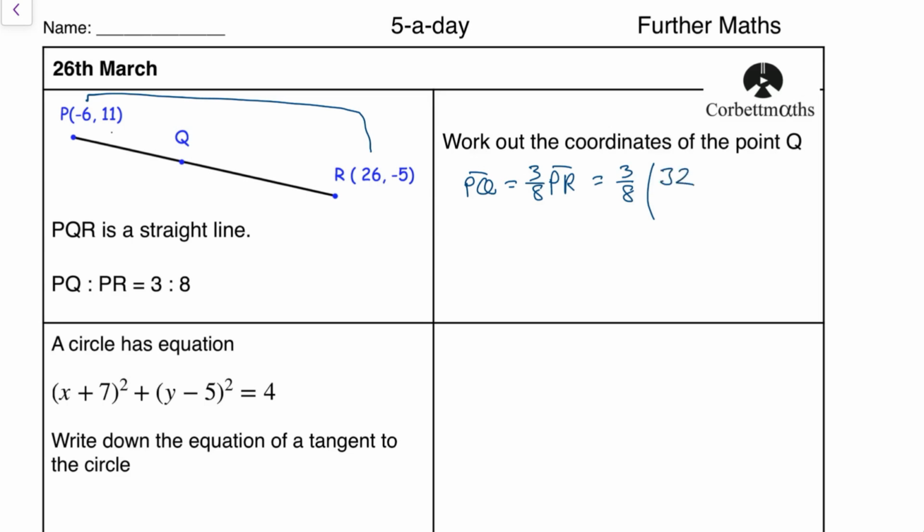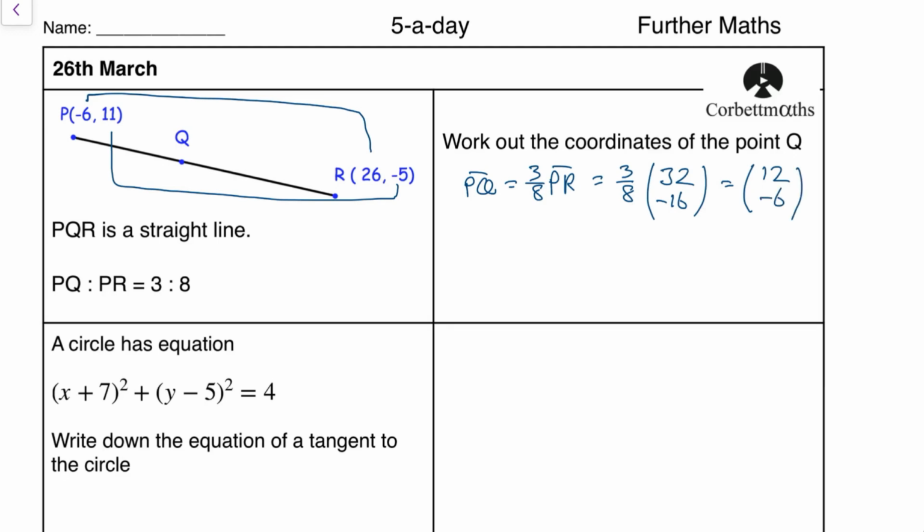And to get from the y value 11 to -5, well, that's going to be -16. Now, I do notice both these numbers divide by 8, so I feel a little bit better that I've got some nice numbers here. So 3/8 of 32: 32 divided by 8 is 4, times 3 is 12. And -16 divided by 8 is -2, times 3 is -6.